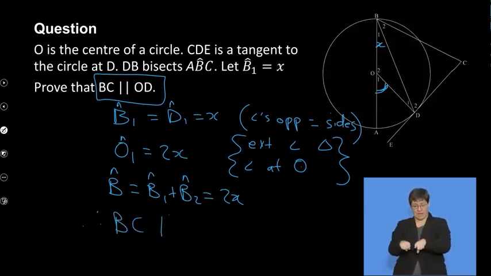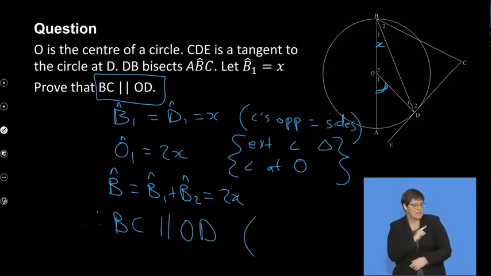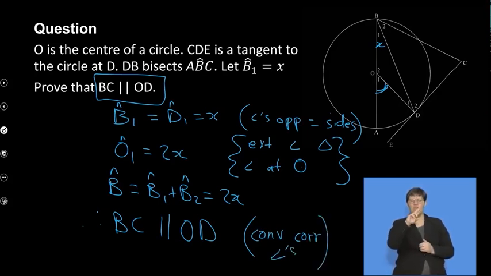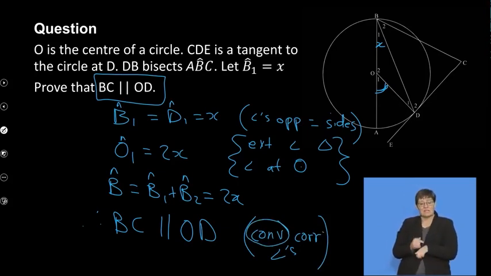BC is parallel to OD, and my reason for this will be converse corresponding angles. Converse means you did not know that the lines are parallel, but based on the corresponding angles being equal, it then makes them to be parallel. And that's what you will then need to do here, right?